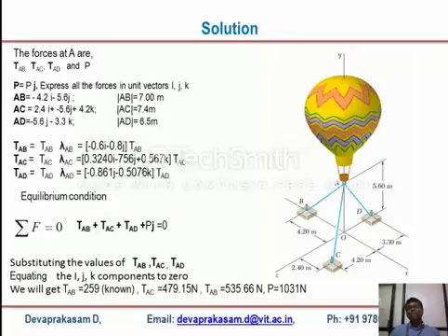Then you replace that with the i, j, k components individually: the sum of the forces in the x direction, in the y direction, and in the z direction also 0. So this is how one should approach and solve that.